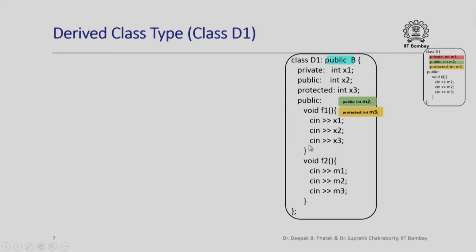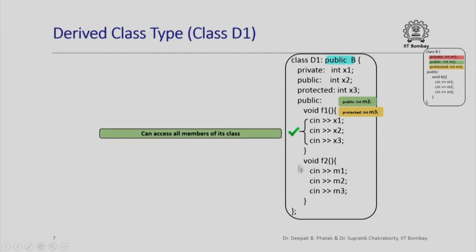Here I have also defined a public function within the derived class D1, and this function directly tries to read values for x1, x2, x3, and another public function f2 which tries to read values for the members m1, m2, m3 which are really members of the base class B. So we want to see which of these will be allowed by the compiler and which will not.